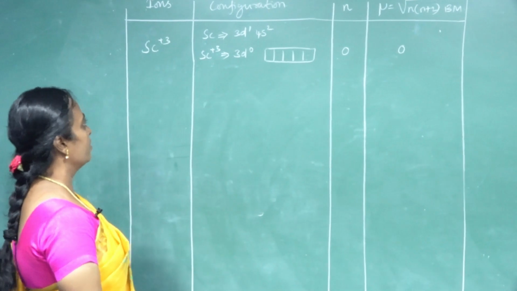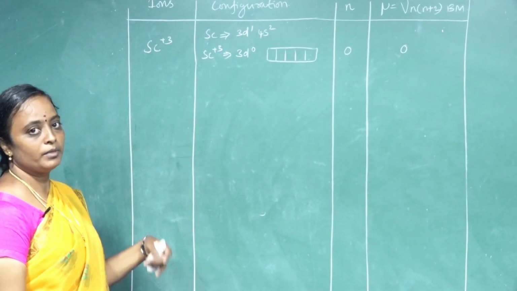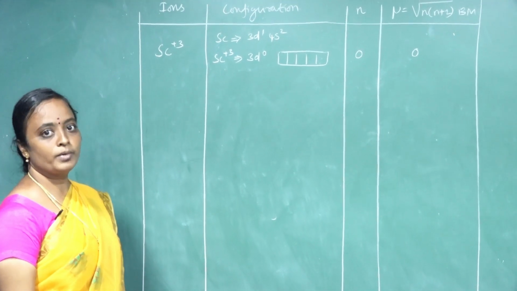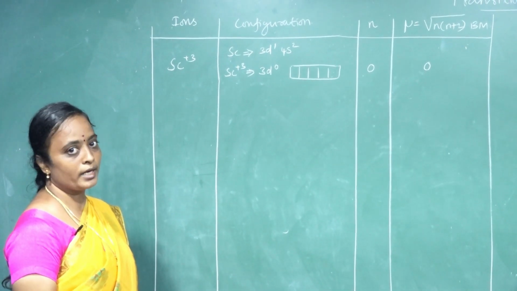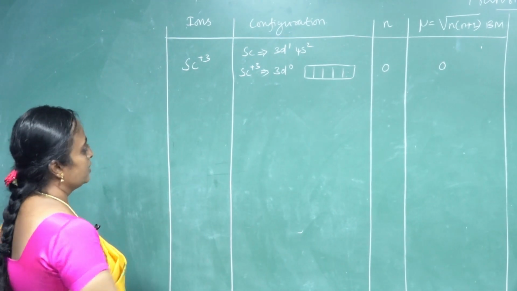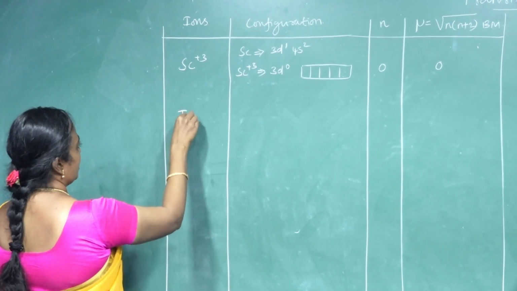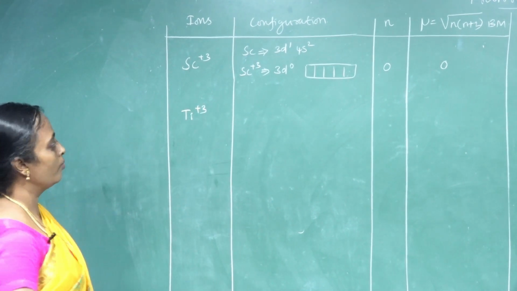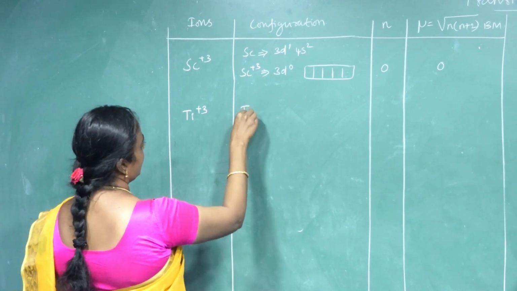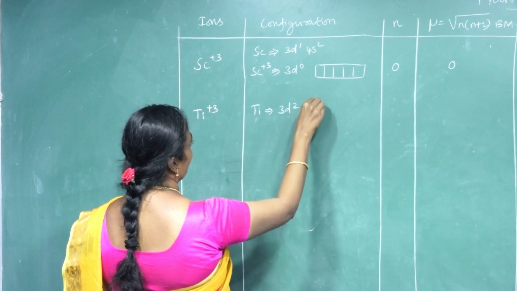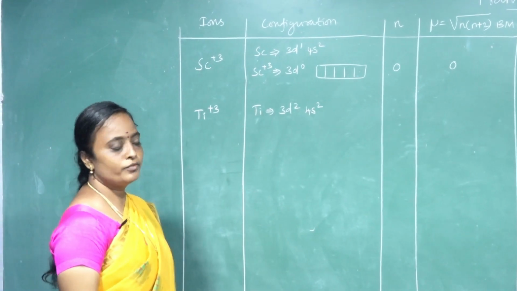That is scandium. Not only scandium 3 plus, if I take Zn 2 plus or titanium 4 plus, all are d0 complexes with 0 magnetic moment. Next, if I take the titanium plus 3 complex, titanium generally has 3d2 4s2.